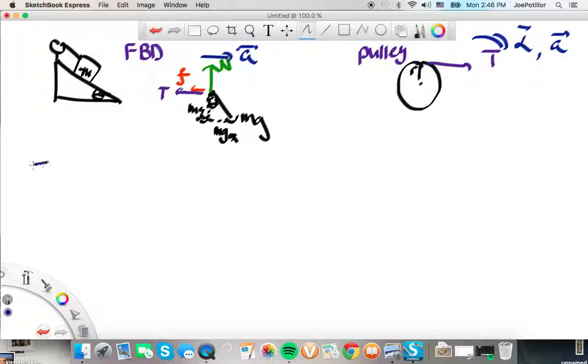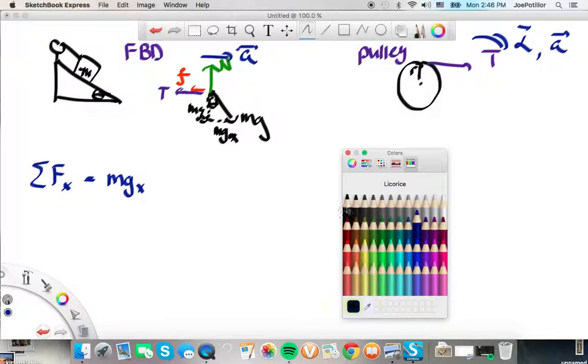First, we find the sum of forces in the x direction, which is mg in the x direction, being consistent by using the colors that we have, minus tension, minus friction. And that's it for the forces in the x direction.